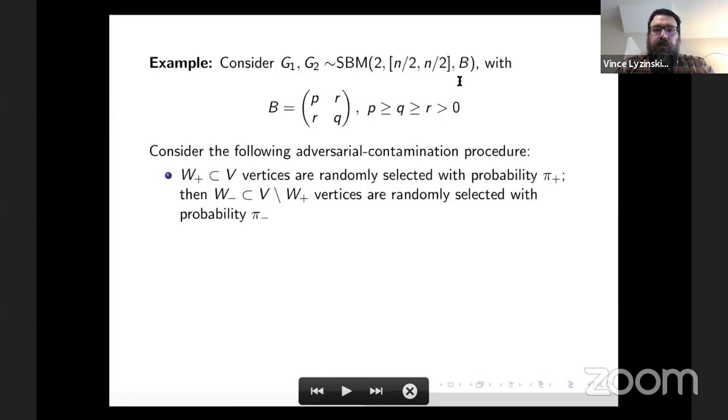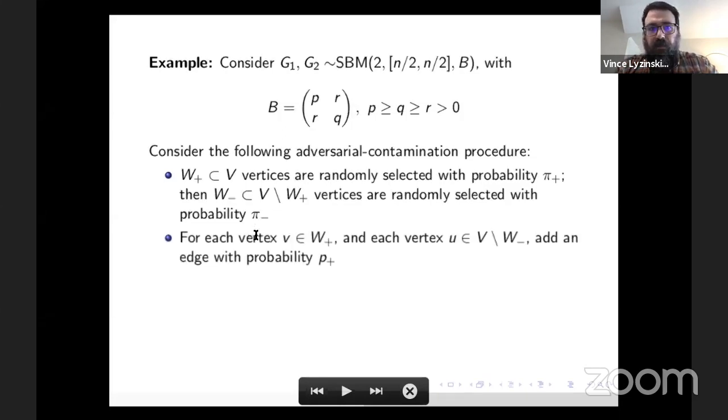I have this model, and the adversary that we propose acts as follows. It picks some subset of the vertices randomly with probability pi plus, and then some subset of the remaining vertices randomly with probability pi minus.